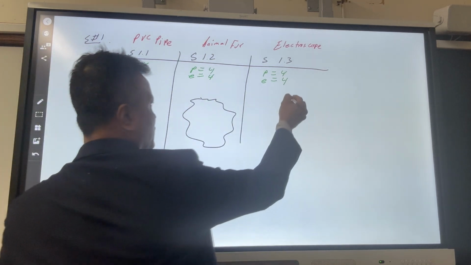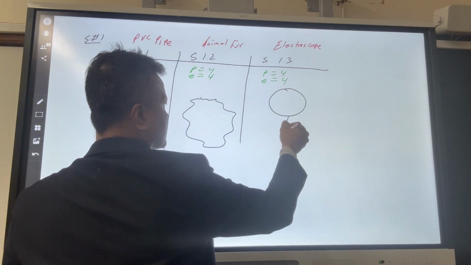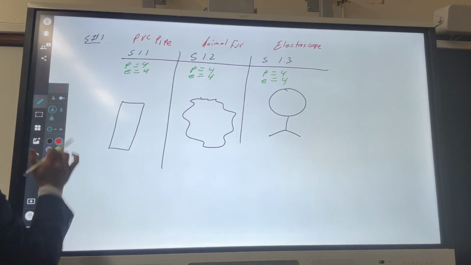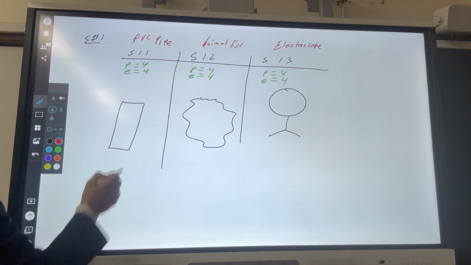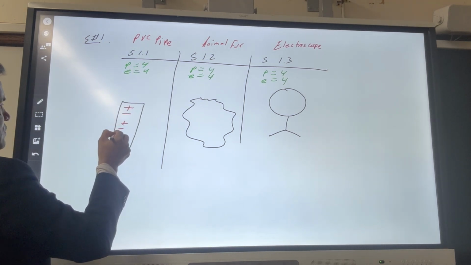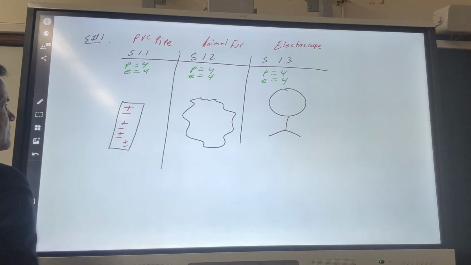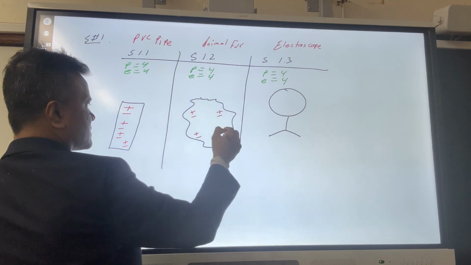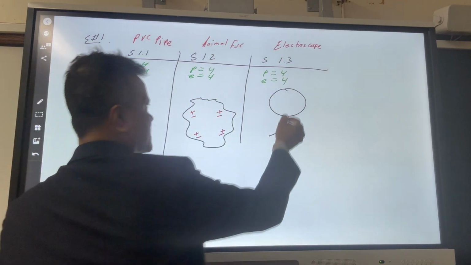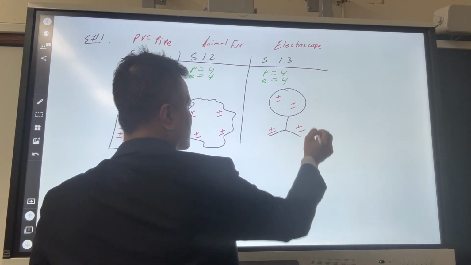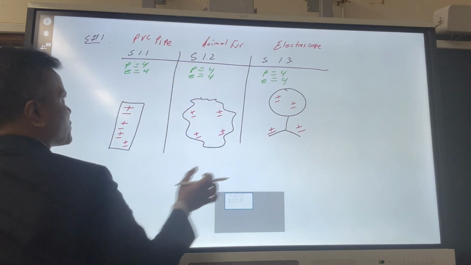Let's draw an electroscope. Let's show that it has same number of electron and proton. Same here. Same here. Okay, so this is scenario 1.